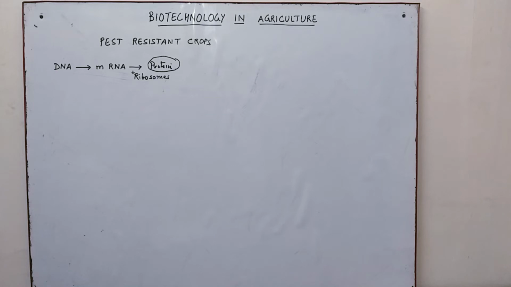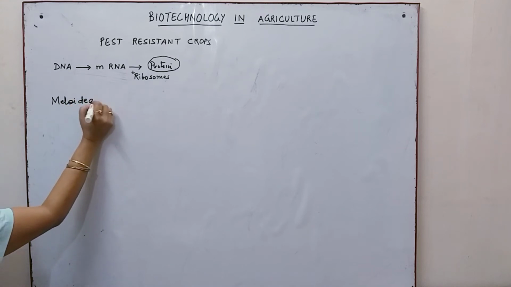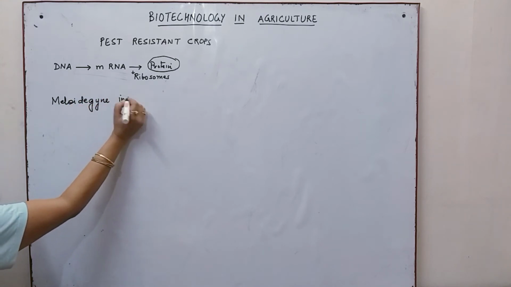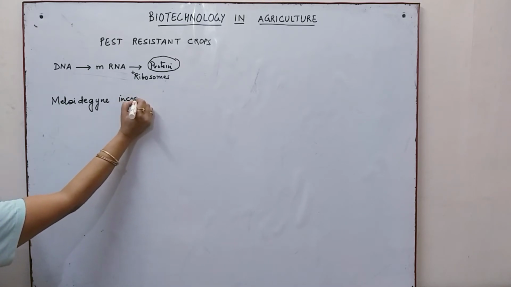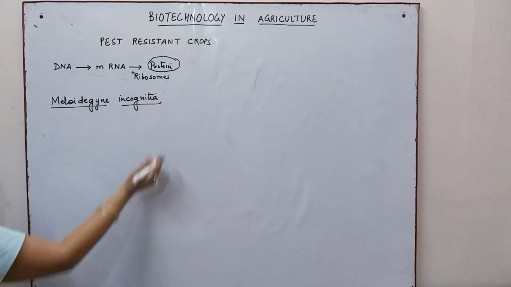Now here, there are nematodes which are causing several kinds of diseases in plants and animals, and also in human beings. Now we'll be talking about a specific kind of nematode, that is Meloidogyne incognita.